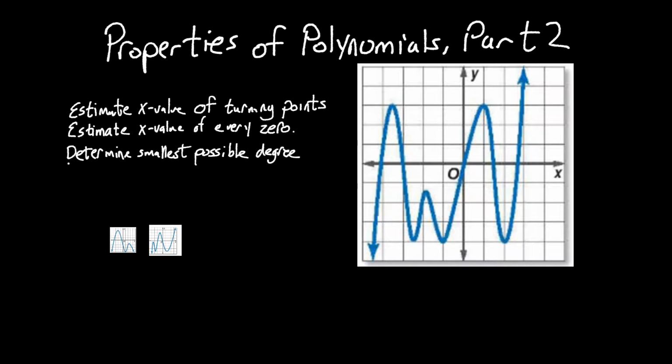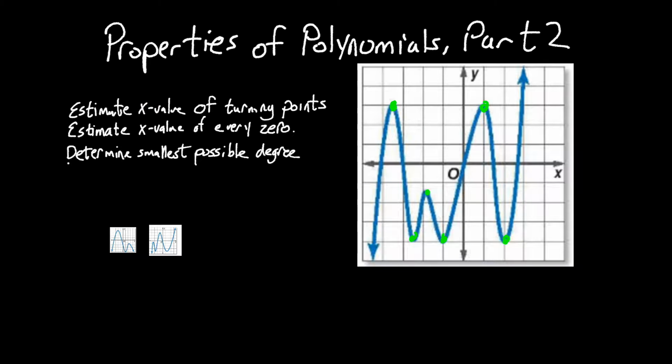So we've got turning points as relative maxima, relative minima, and our goal is to estimate the x value of these turning points. So let me highlight them. I got one here, here, here, here, there, and finally there. We have 6 turning points in that graph.